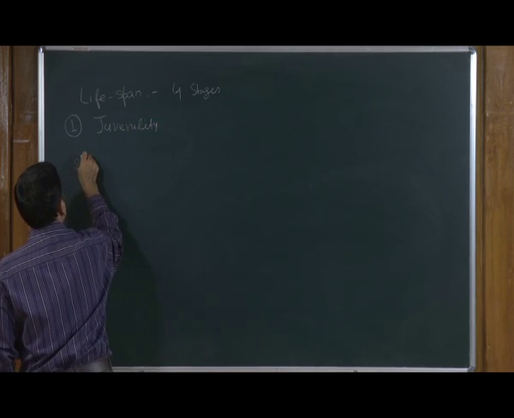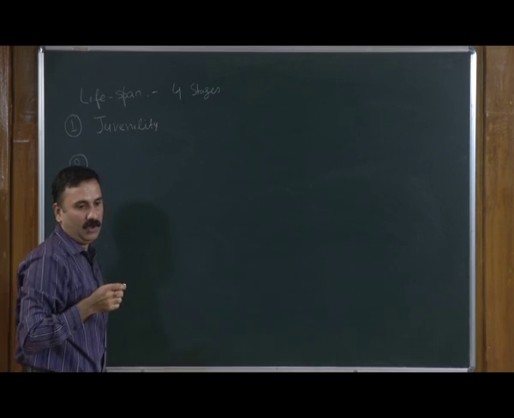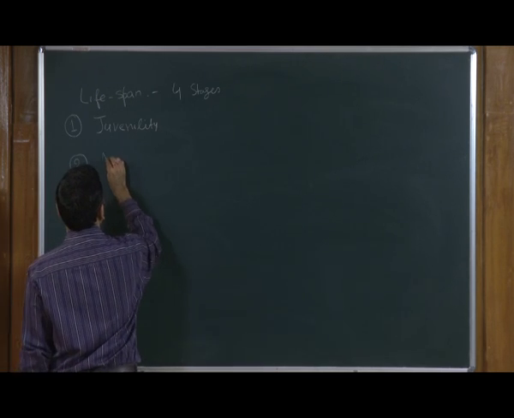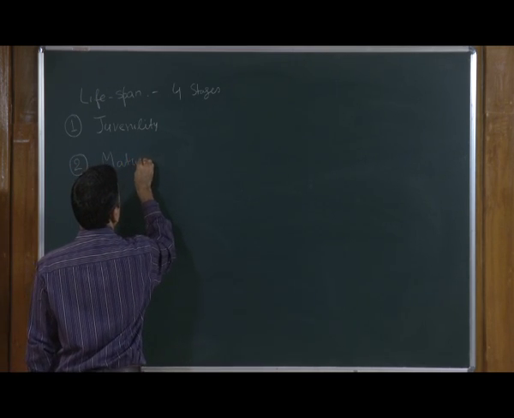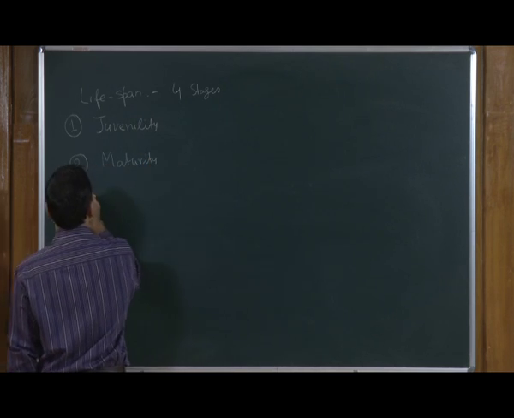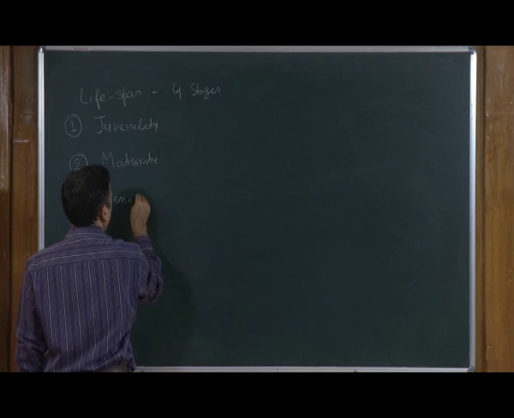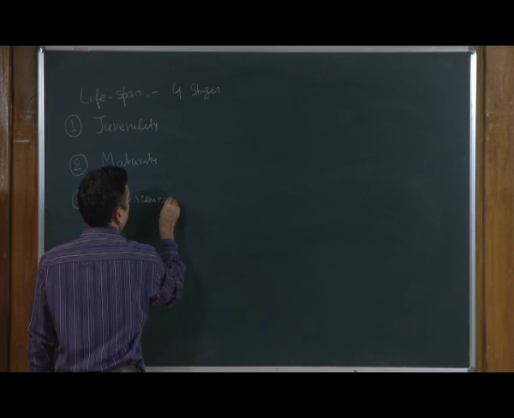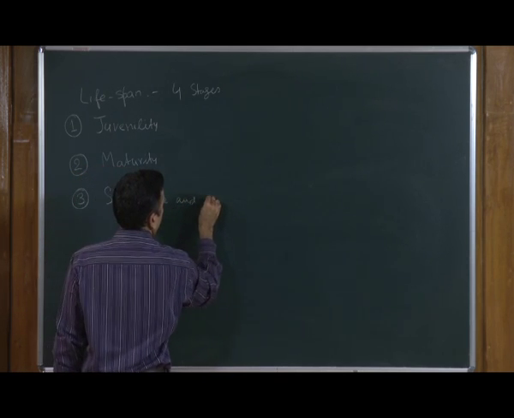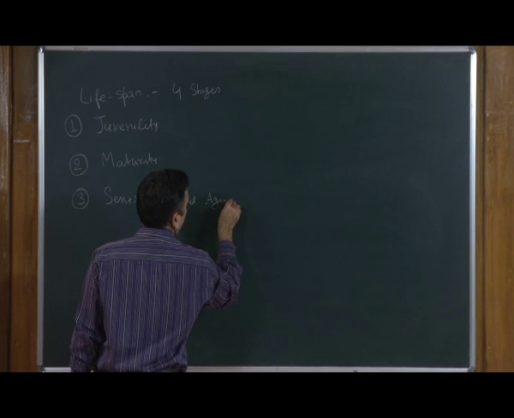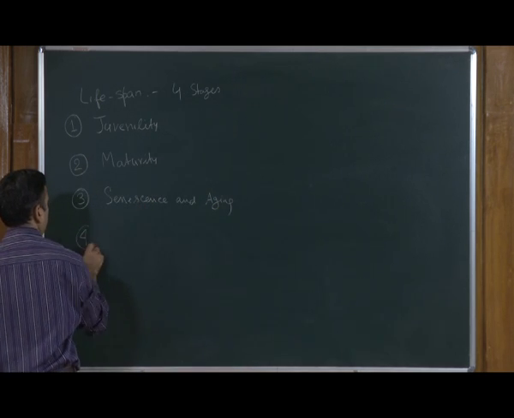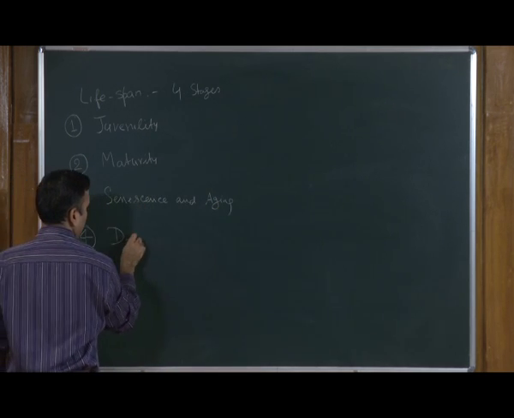Number 2 is called maturity. Number 3 is called senescence and aging, and number 4 is called death.